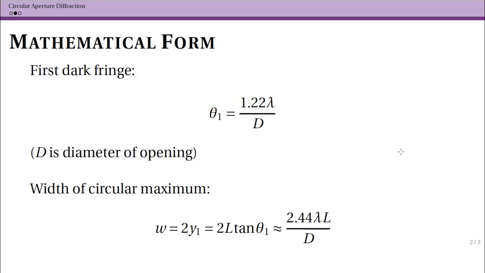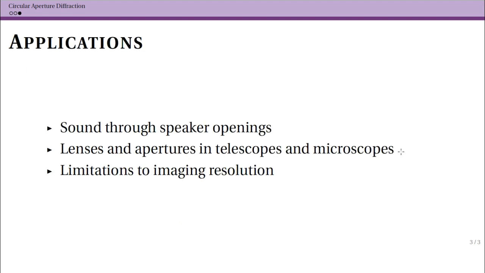So, okay, what's the point of talking about this if we can't actually do the derivation? There's actually a number of applications. One that the book mentions is sound going through a speaker opening. And one thing to be careful about with sound is that frequently our small angle approximation no longer applies to sound.